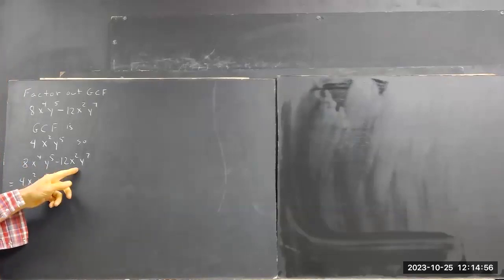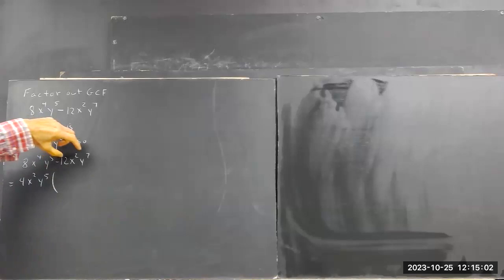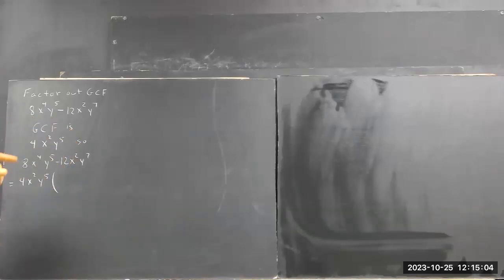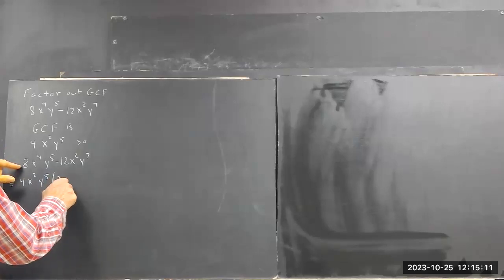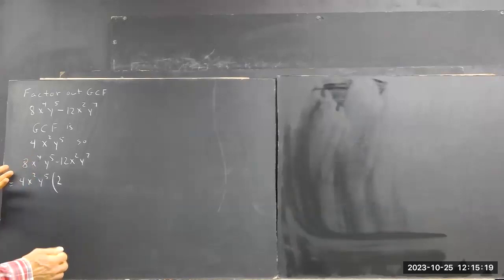So we're going to write this as 4x squared y to the 5th multiplied by whatever else we need in order to get these two terms. Now, to get the first term, we have 4 here, we need 8, so we better have a 2. So if I multiply this by this, I at least get the 8. Now I'm going to need some x's because I've got an x squared here and an x to the 4th here.